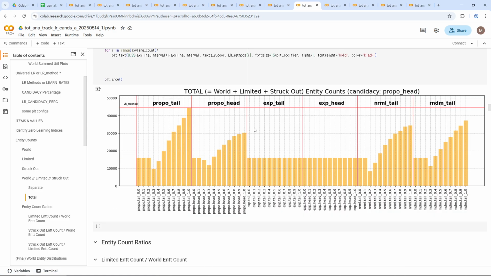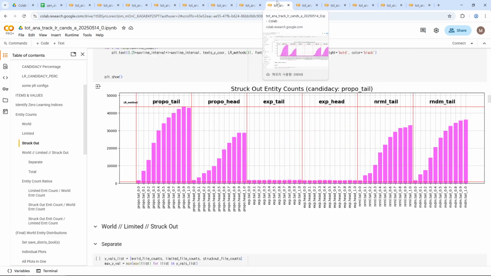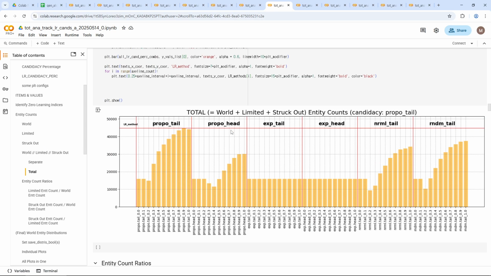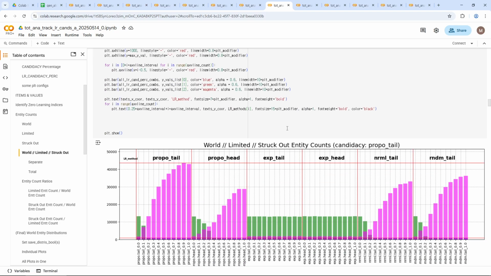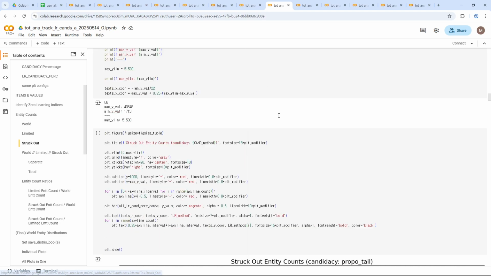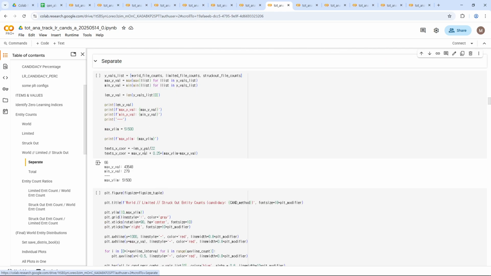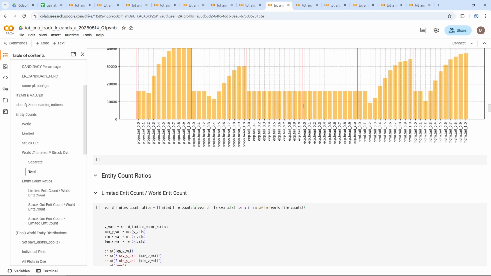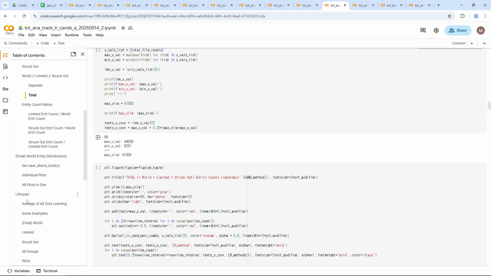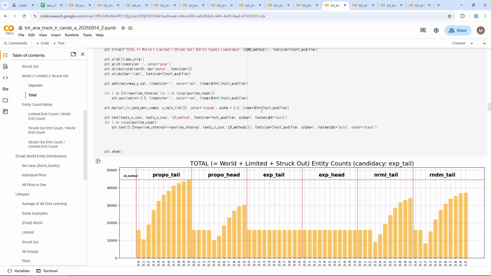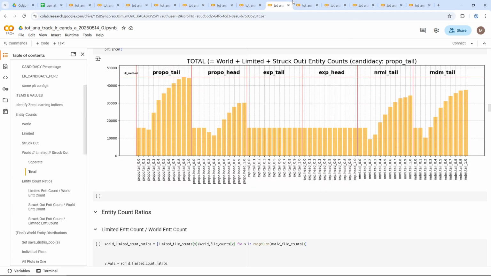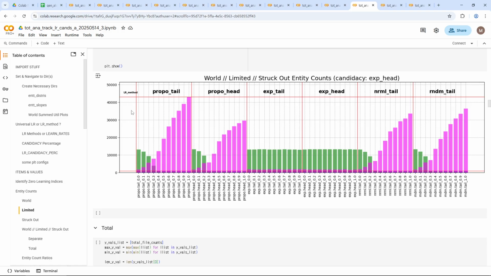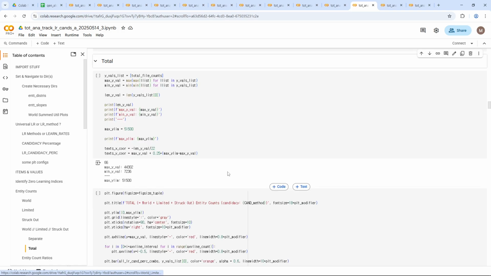Let's have a look at the total. Okay, total, there we go. Total here, total here, total here. Quite different. Let's just set everything here.